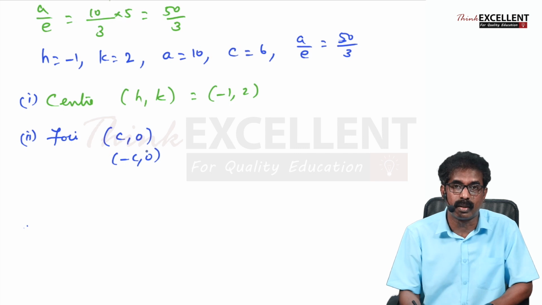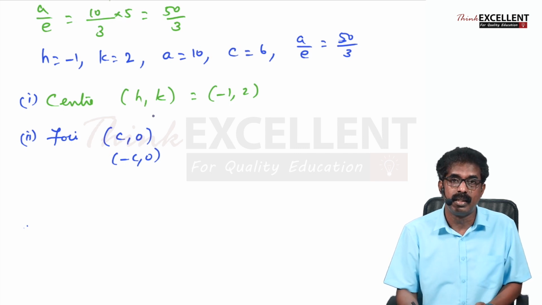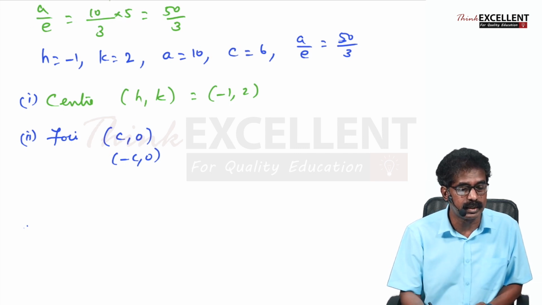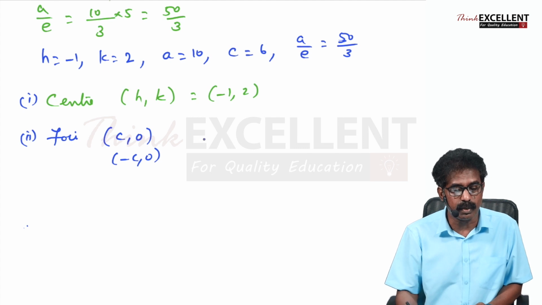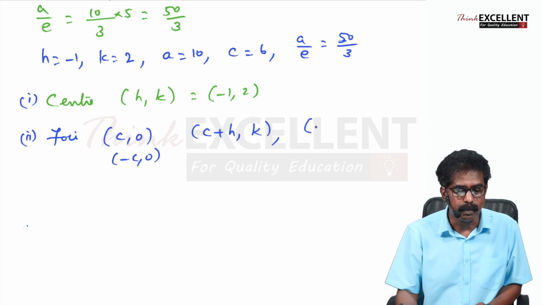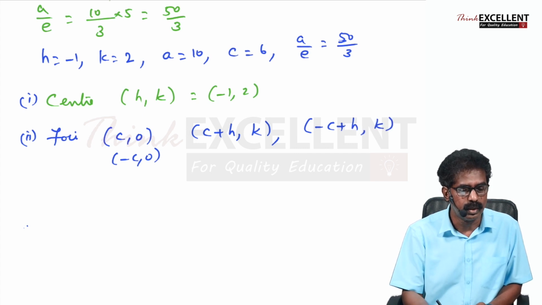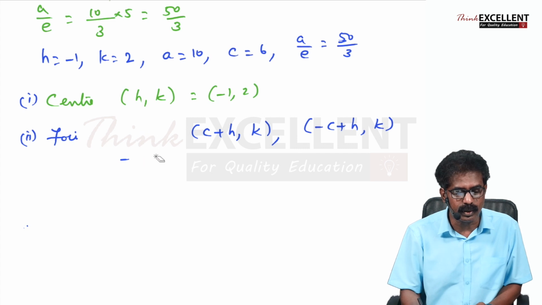This is the actual one when the center is (0, 0). But here it is not (0, 0). So you add h, k. So (c plus h, 0 plus k). One formula. Another one is (minus c plus h, k). Right? So this is what you have to use. So initially you can write like this and you can add h, k.